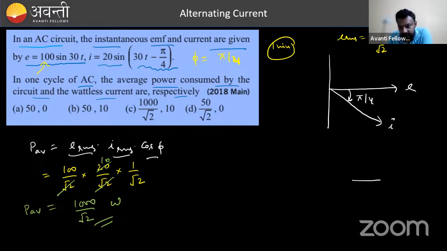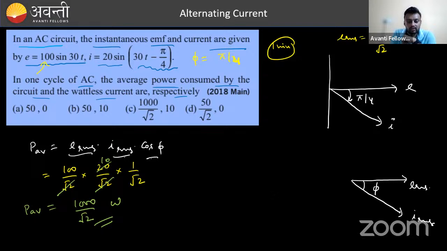If this is our ERMS vector, and this is our IRMS vector, this is our phase difference phi. So if you look at the power, power is ERMS, IRMS, cos phi. And these two quantities we have considered as vectors, as phasors.